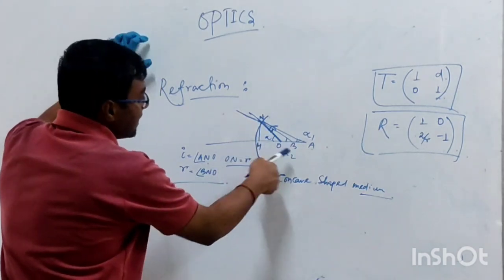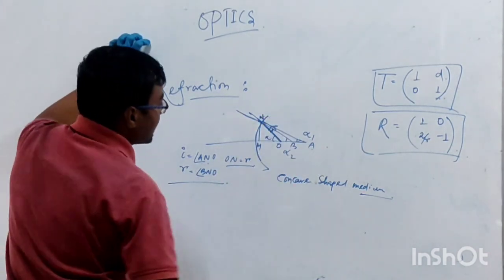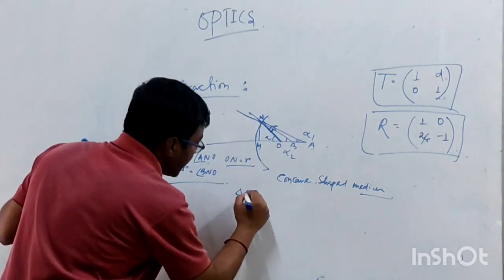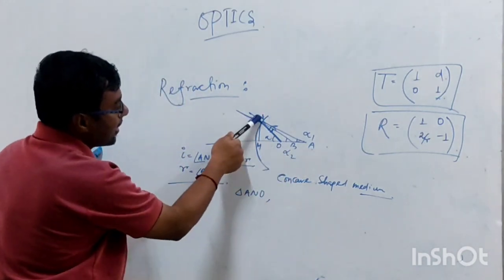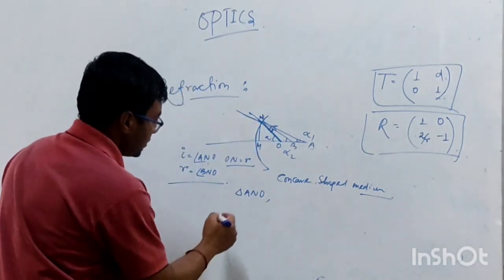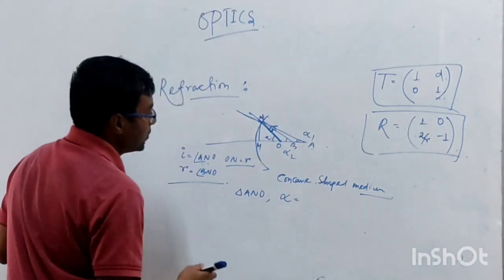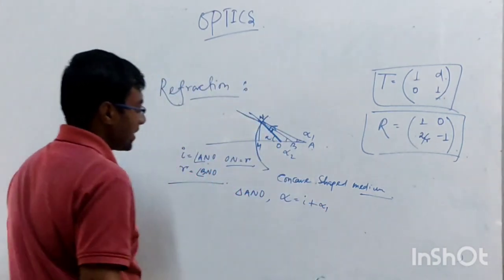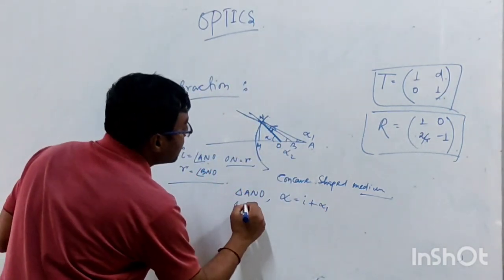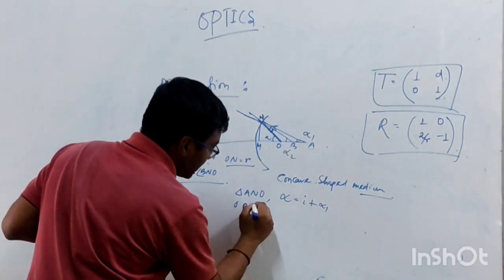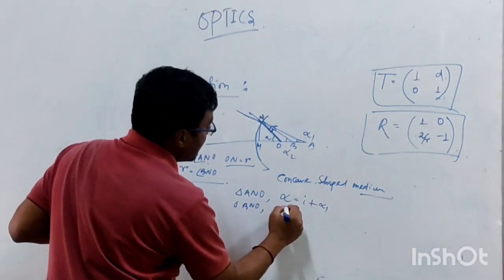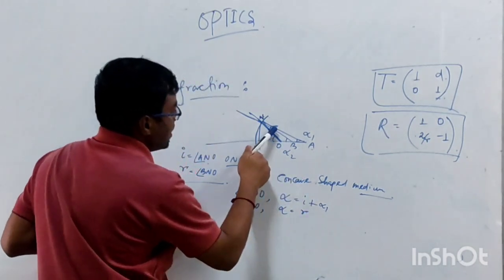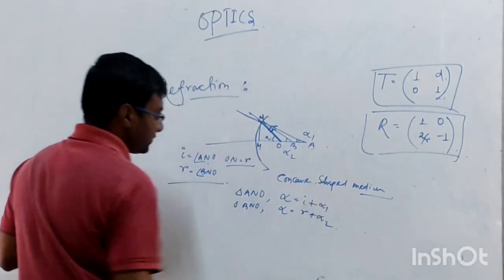So from the triangle ANO, we can see that alpha equals I plus alpha 1, and from the triangle BNO, we see that alpha equals R plus alpha 2.